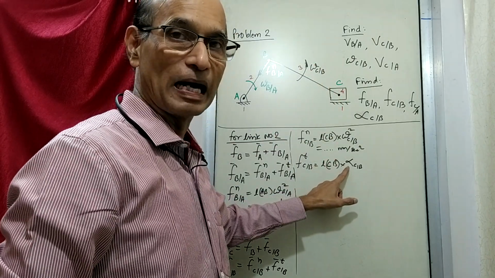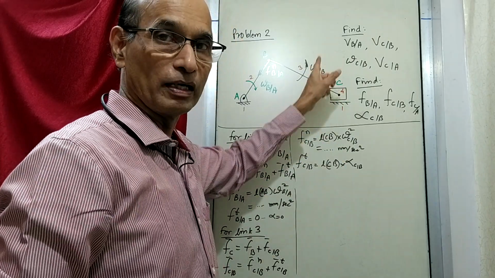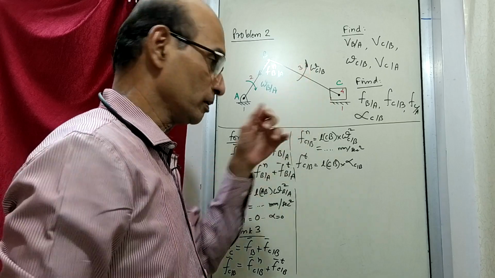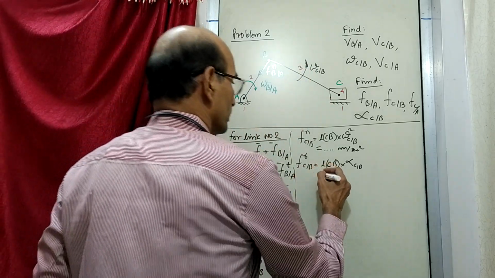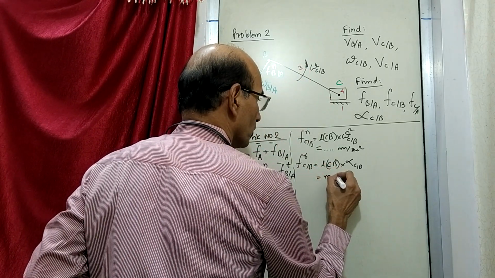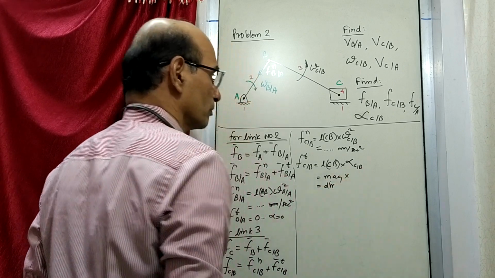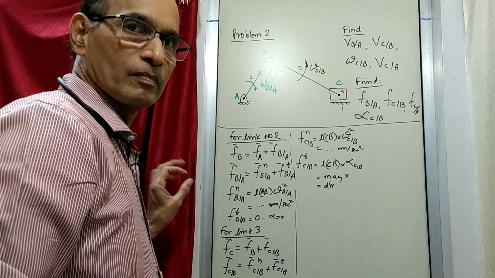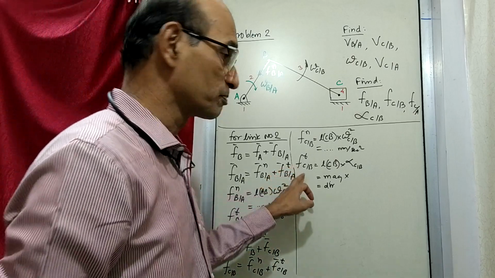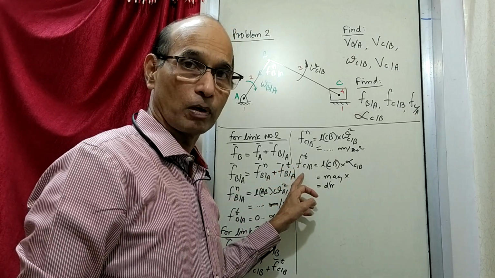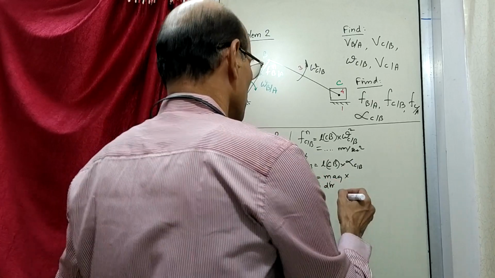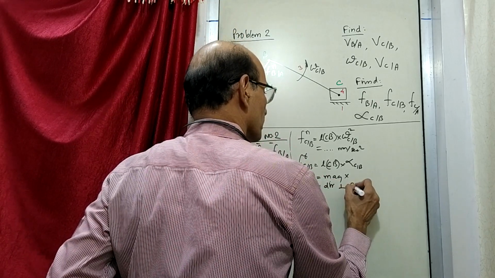This answer will decide whether this is accelerating or retarding or steady. Okay, so what we do is, this we don't know the magnitude, but the direction. Do you know the direction of this? The direction of this particular component is perpendicular to the link. So direction is perpendicular to CB.